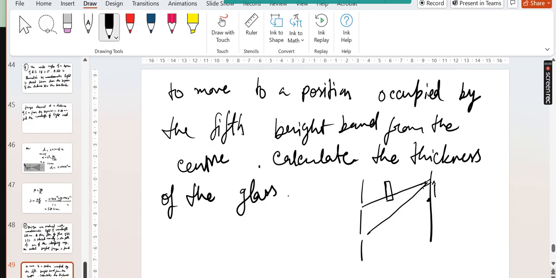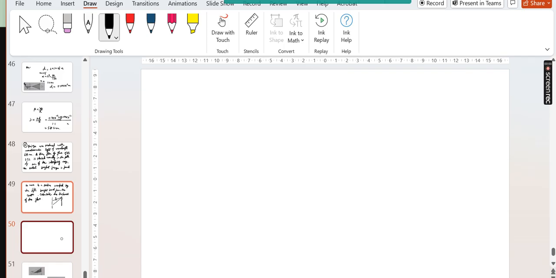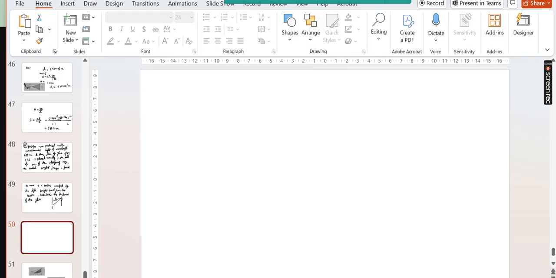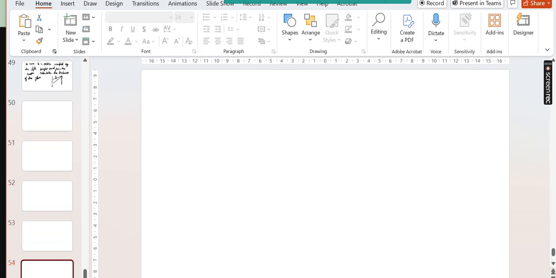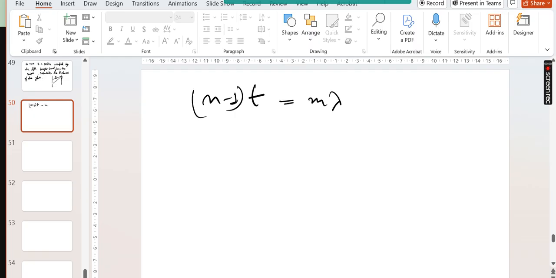So this extra optical path, which is n minus 1 times t, should be equal to m lambda, where m is 5. So t is basically 5 into 689 into 10 to the power minus 9 divided by 0.52.